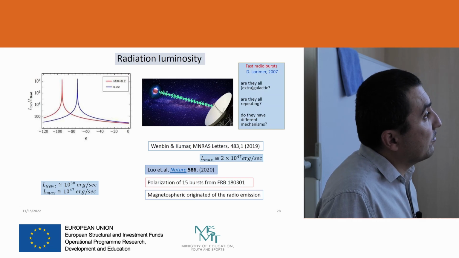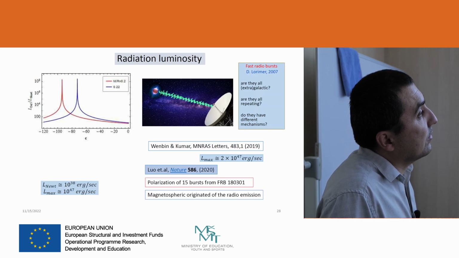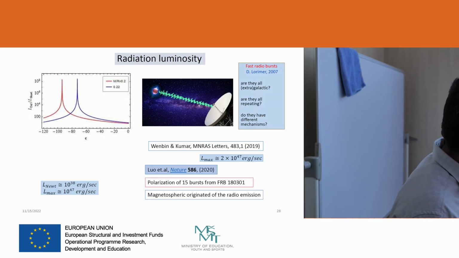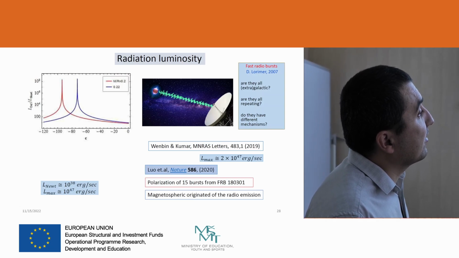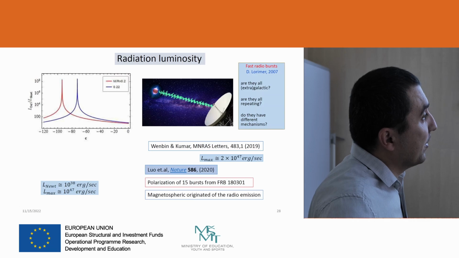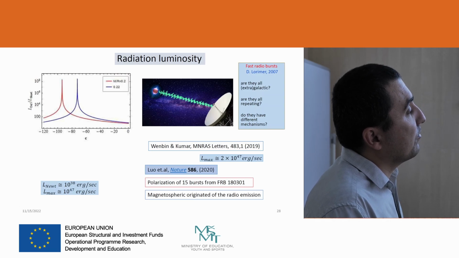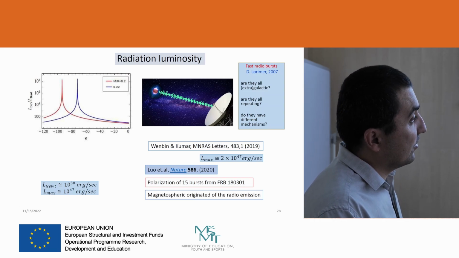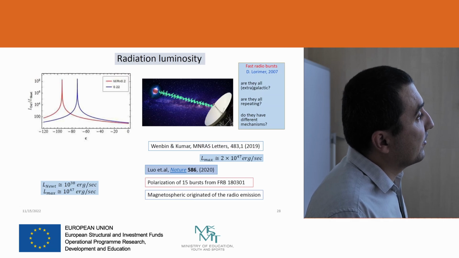And when I started my seminars for my defense, I suggested this model, and at the end of 2020, a paper was published in Nature that analyzed a repeating FRB, and they showed that this FRB comes from a magnetar, and it originates from the magnetosphere as radio emission.